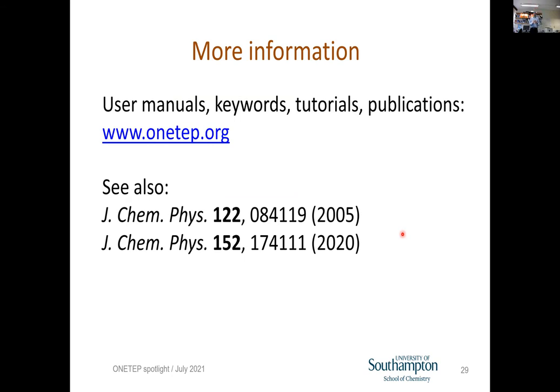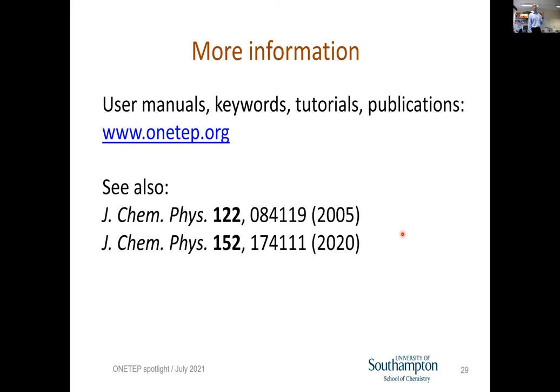So you can find more information on the ONETEP website, including manuals, keywords, tutorials, and so on, and also how to obtain a license for the code. UK academic licenses are free. Non-UK have a very small fee.